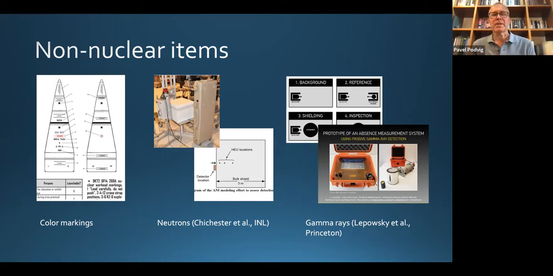And as a side note, among other projects here, one project that we're working on is a mock-up exercise. We hope to have a field exercise that would actually check some of these procedures. We won't be able to do the neutron part, but we have a protocol.